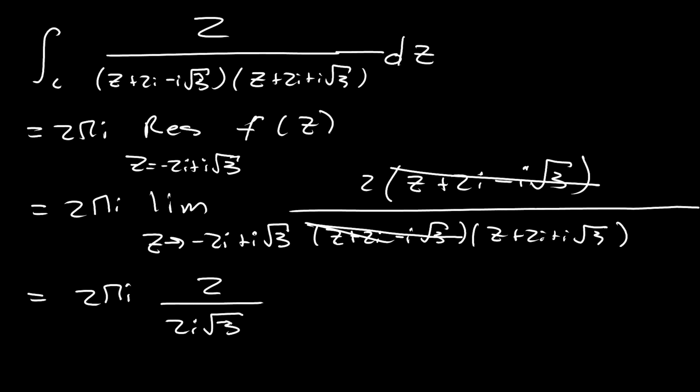After doing some simplification, I'm not going to show that because that's just some complex arithmetic, and my 3s still just are not very legible today. But anyways, you can see that a factor of 2 is going to cancel, and also an i is going to cancel, so we're going to be left with 2 pi over root 3, and I can't even finish it off by writing a legible 3.